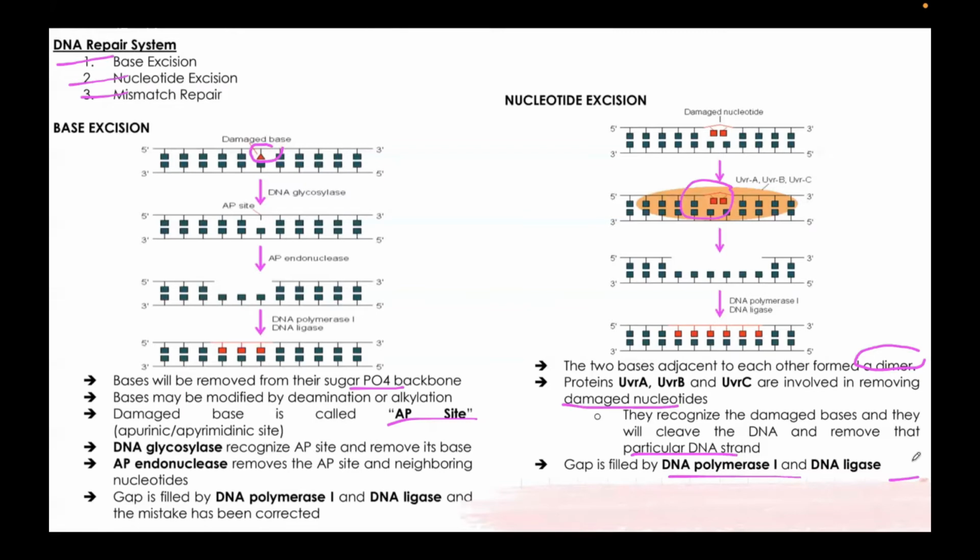Also, for your nucleotide excision, it is spontaneous chemical or radiation damage to DNA segment, and then the solution is to remove approximately 30 nucleotides oligomer, and it will be replaced. Okay, or it will be filled by your DNA polymerase 1 and DNA ligase.